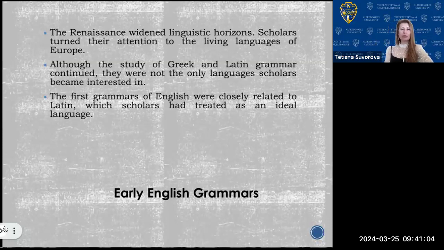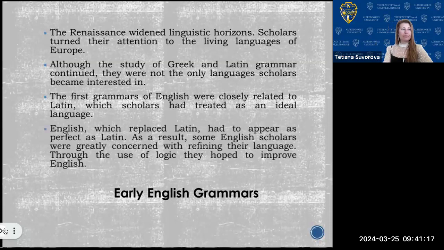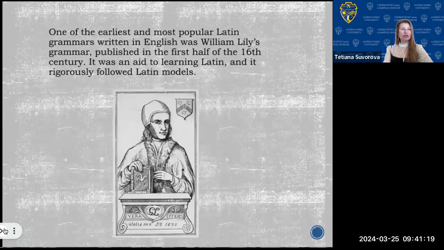And of course, then we speak about maybe the first steps to the theoretical disciplines. Okay, so here it is. One of the earliest and most popular Latin grammars written in English was William Lilly's.